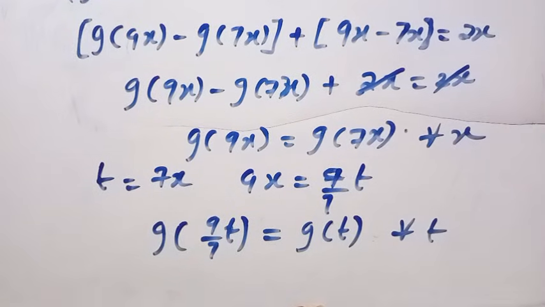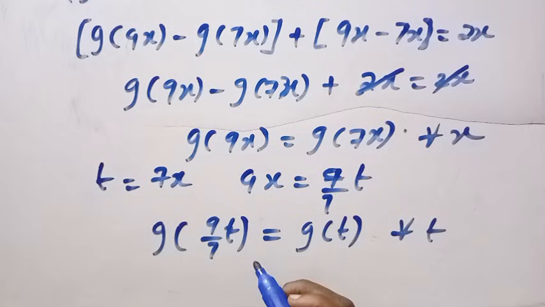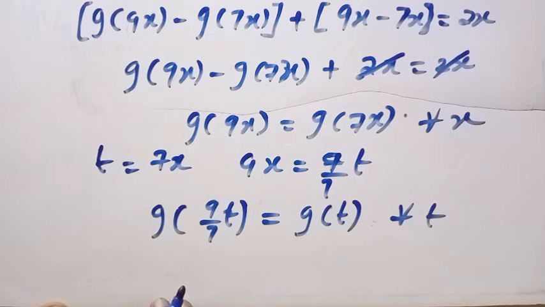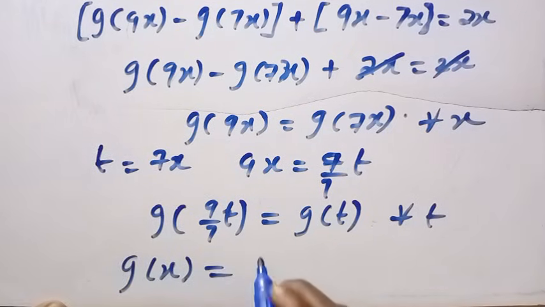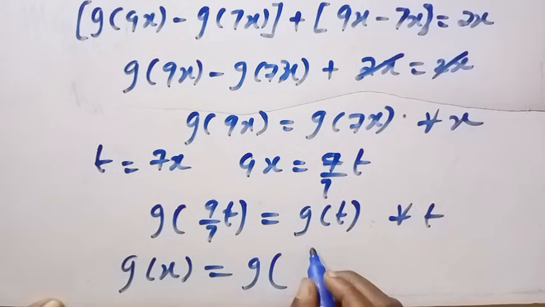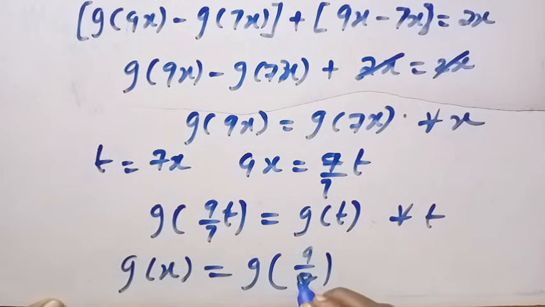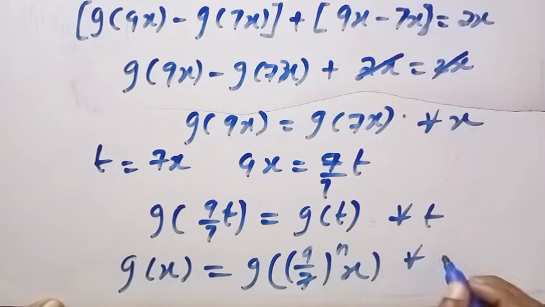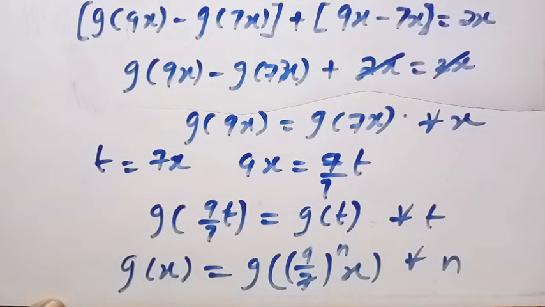With this, we have g as periodic with multiplicative period of 9 divided by 7. And how can we derive that? It's very simple. g of x will be equal to g of 9 divided by 7, all raised to power n, times x, for all values of n.